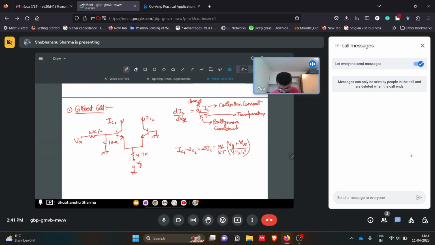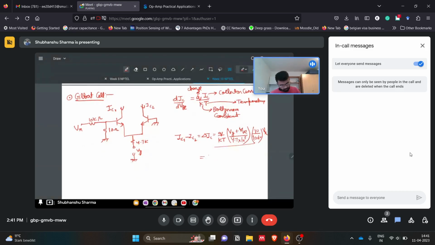So we get the IC here, and this VB will be 10 upon 100. Okay, so this equation he got.